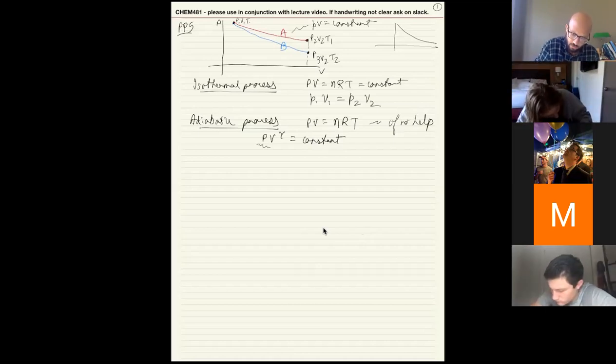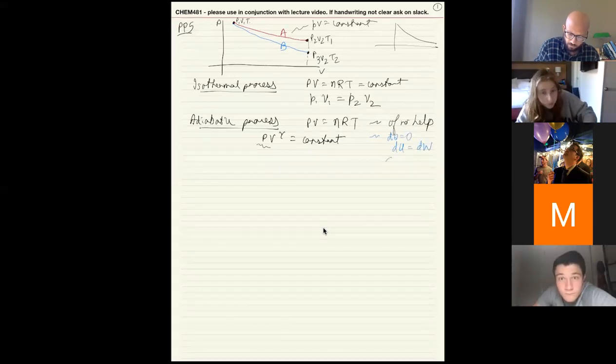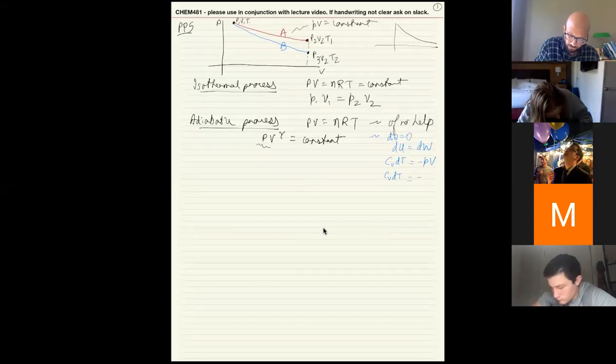How did we derive it? Recall, we set dq is equal to 0, so du is equal to dw, and if it's a perfect gas, that means Cv dT is equal to minus P dV, and here we substituted RT by V for 1 mole, dV, and then we integrated both sides.